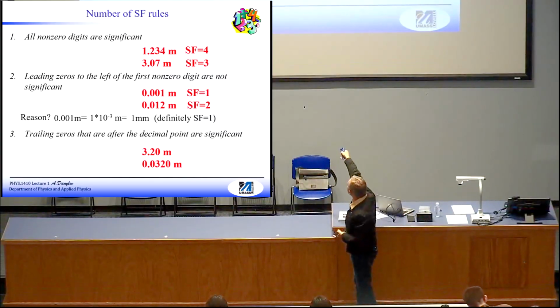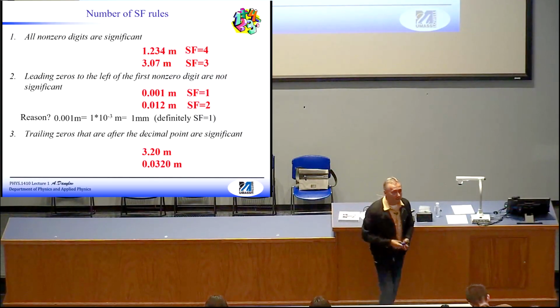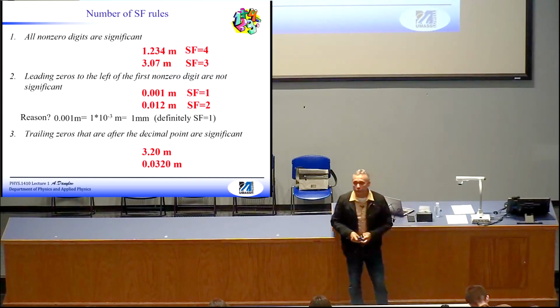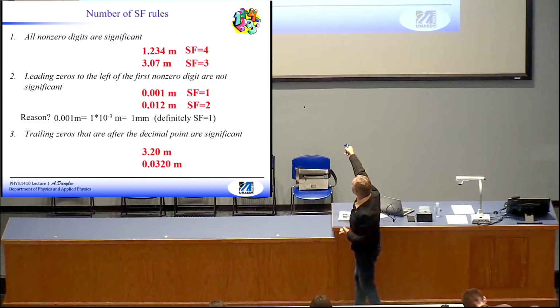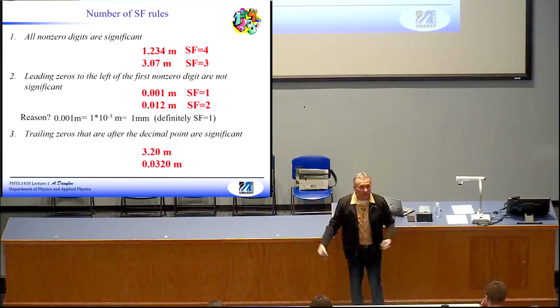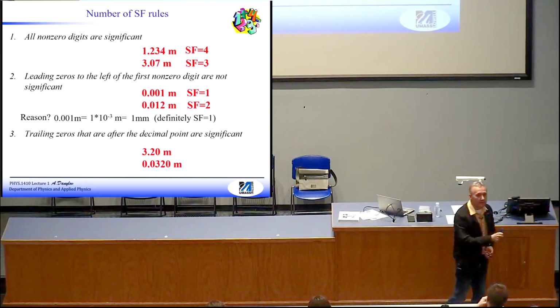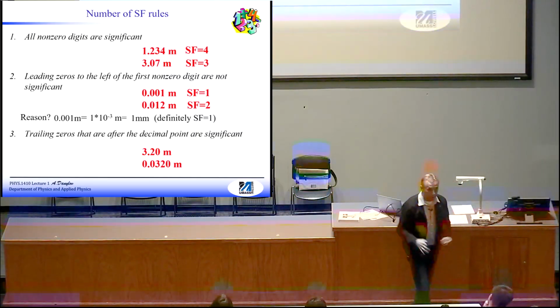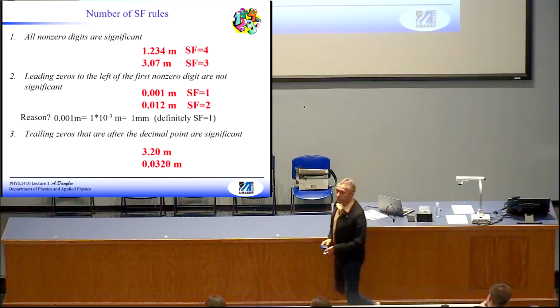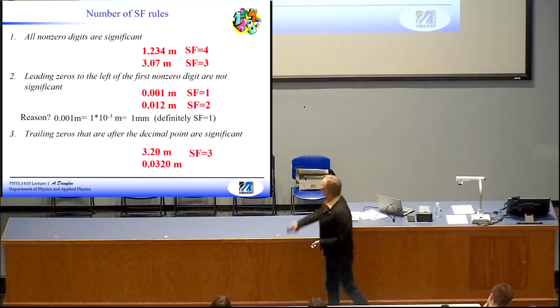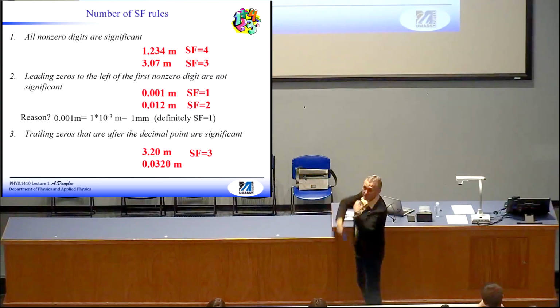The level of uncertainty is over here, so it's a significant number. We count the zero towards the total number of sig figs. So we have 2 accurately known plus 1 uncertain. We have 3 sig figs. Trailing zeros we count. Leading zeros we ignore. Right? So different rules. Now this example. Now I mix.